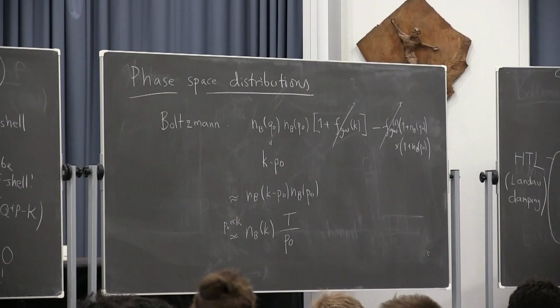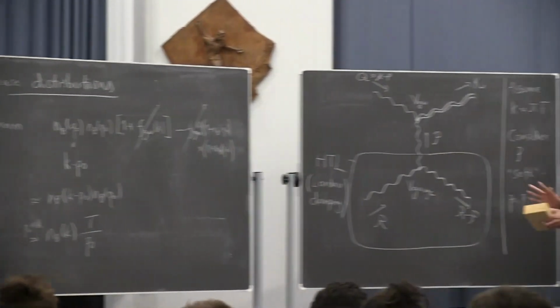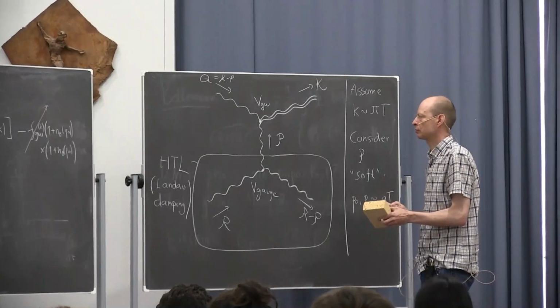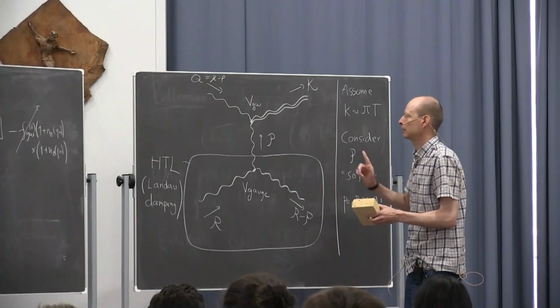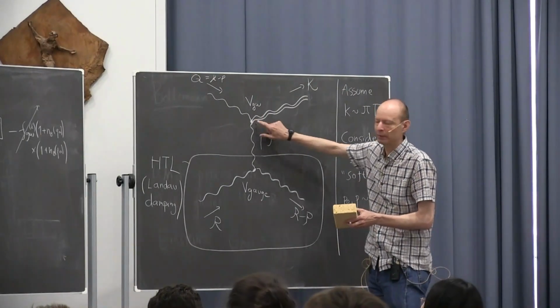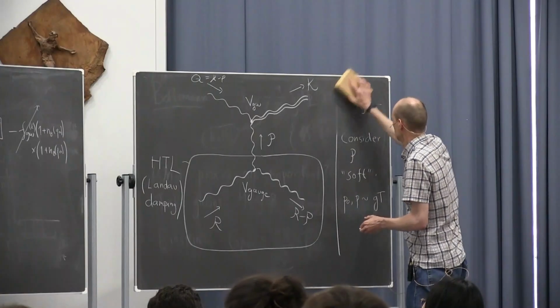Okay, so now we know the kinematics, we know what happens with the phase space distribution. Then there is the difficult part, and that's what happens with the vertices, determining the matrix element squared.